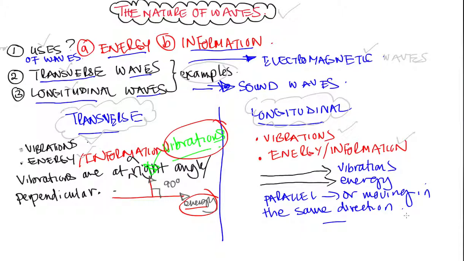But for a longitudinal wave, which is over here, the vibrations and the energy or the information are moving in the same direction. They are parallel. The lines don't look parallel, but it is parallel. That's it.